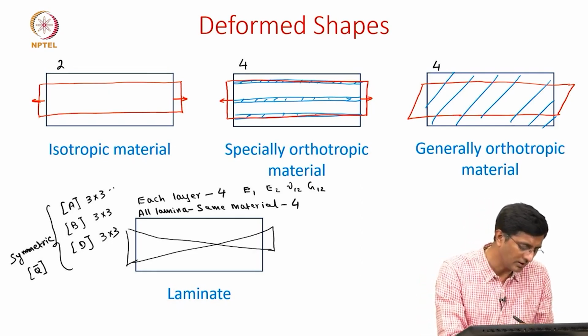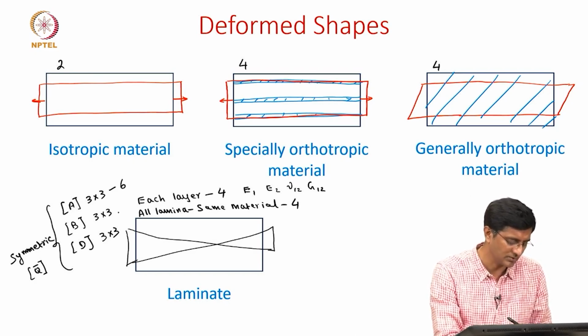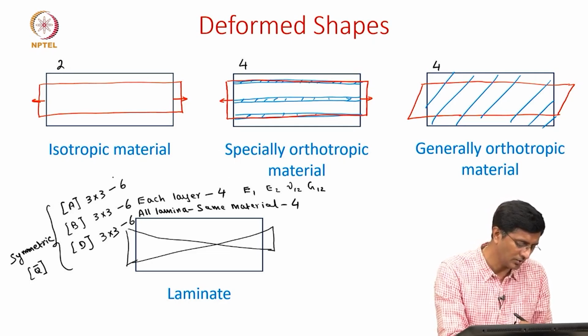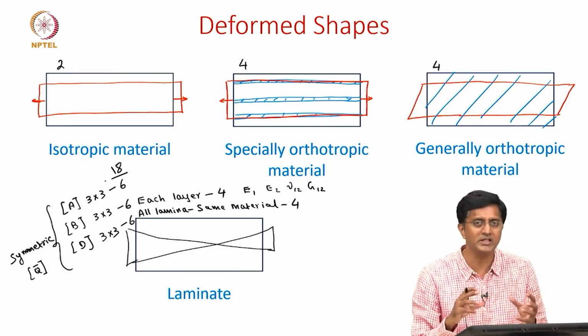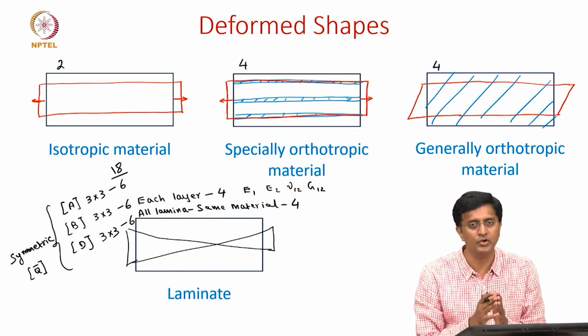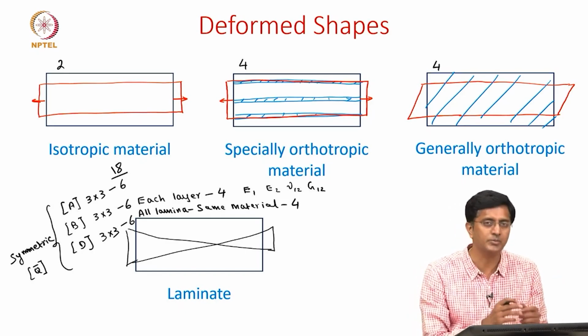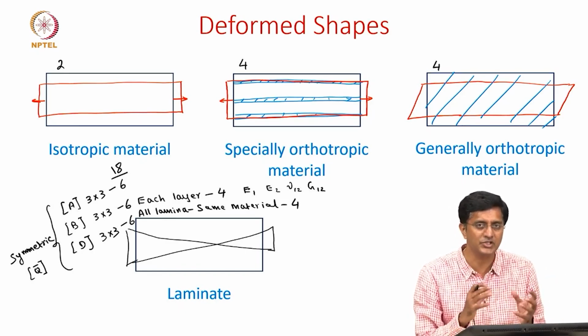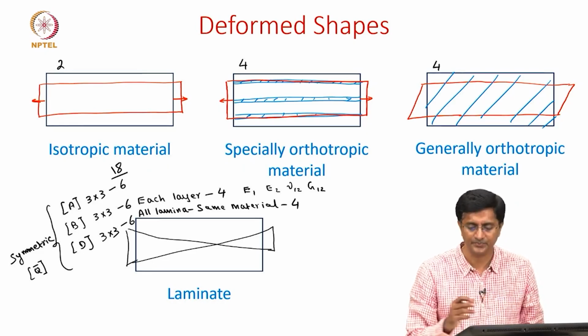For the A matrix, if we consider the symmetry, we only need to consider 6 terms, and similarly 6 terms for the B matrix and 6 terms for the D matrix. So in total, we have 18 terms which define the stiffness of the laminate. Even though you have only 1 layer or 10 layers or 40 layers, all that information is captured using these 18 terms which define the stiffness of the laminate using the classical laminate theory.